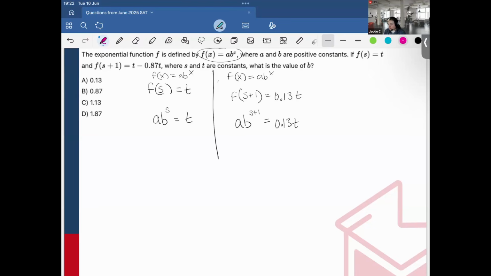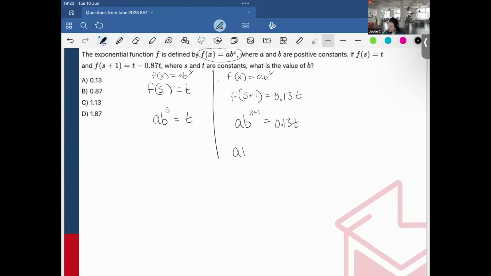Okay, so from here, I have two equations, so I can substitute or do elimination, but I have exponents. And whenever I have exponents, I always train my students that when you have plus one, you want to reverse engineer and think about what happened before. Addition in the exponent is indicative of multiplication.